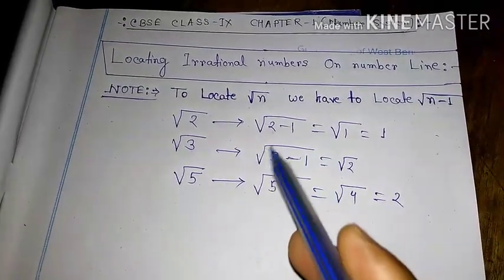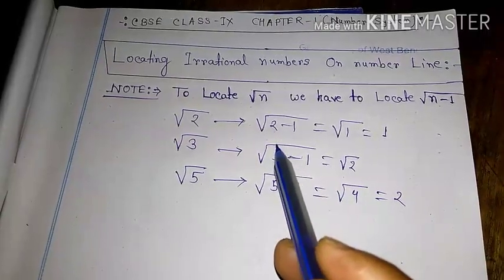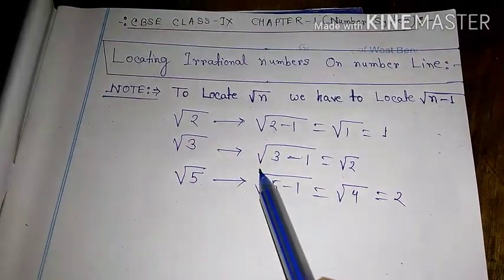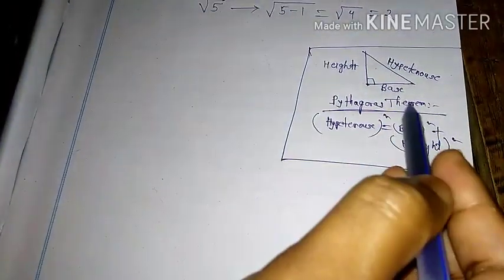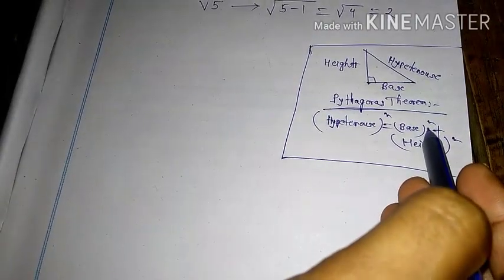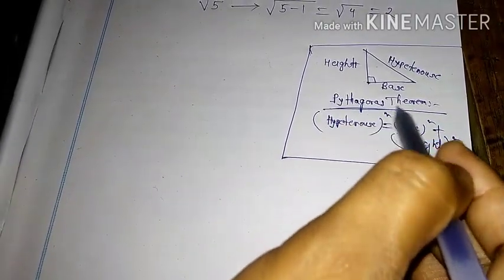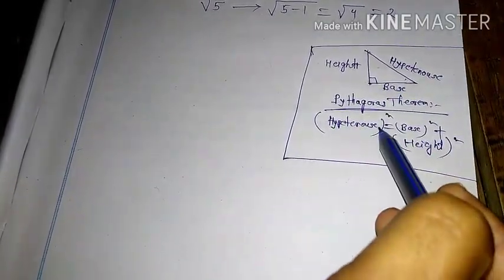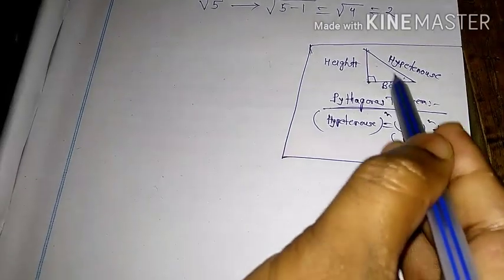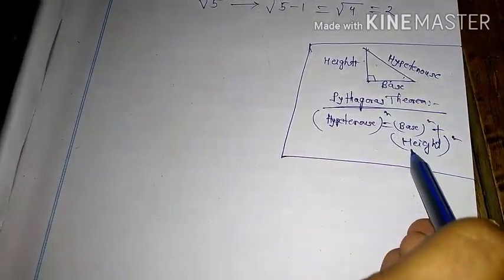Now the question is, how can we locate any irrational number on the number line? To locate an irrational number, we use the Pythagoras theorem. The statement of the Pythagoras theorem is: in a right angle triangle, hypotenuse square is equal to base square plus height square.